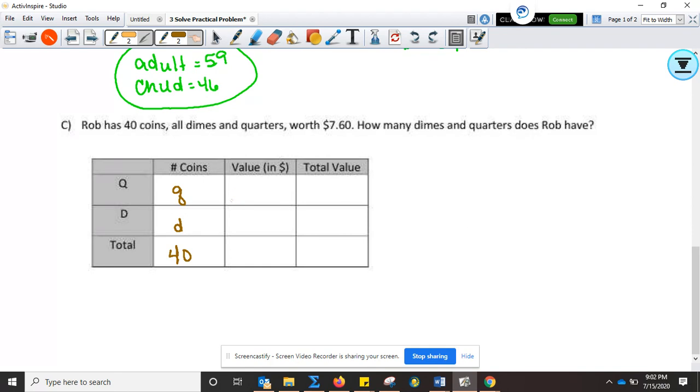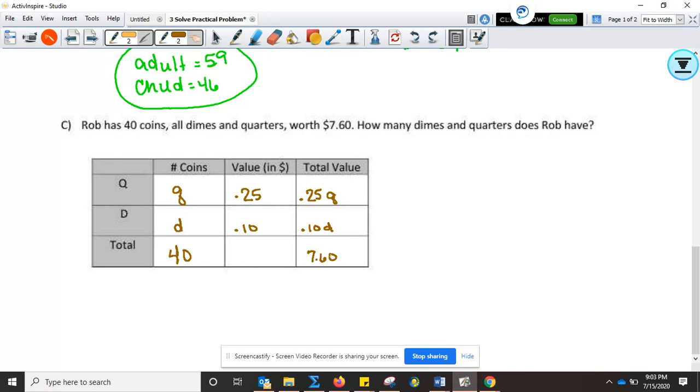Now remember to write 25 cents as 0.25. The total value would be 0.25Q. The value of a dime is 10 cents, so that would be 0.10D. And the total was $7.60.